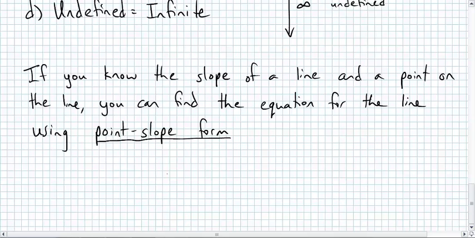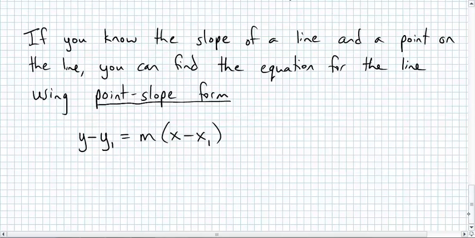Okay, and the point-slope form of a line is just y minus y1 is equal to m times x minus x1. And what we're going to be doing is we're going to be plugging in a number for m, and we're going to be plugging in a point for y1 and x1. And we're going to leave x and y as variables. By the way, this just comes from the slope formula.